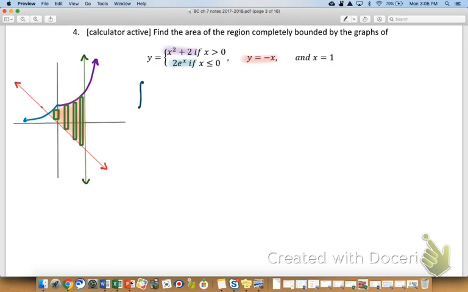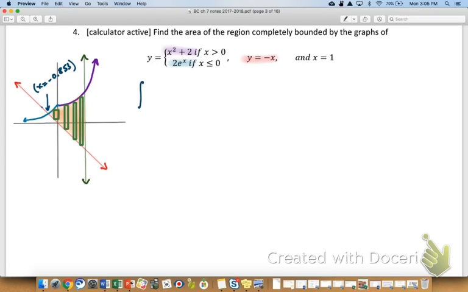So I did mine in terms of x. I found the intersection point between y equals negative x and 2e^x. So right there, and it's negative 0.853. And then the right bound is really easy because you just plug x equals 1 into x squared plus 2. It's 3.